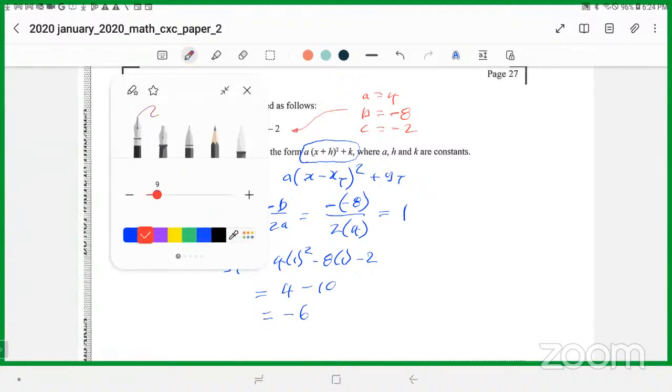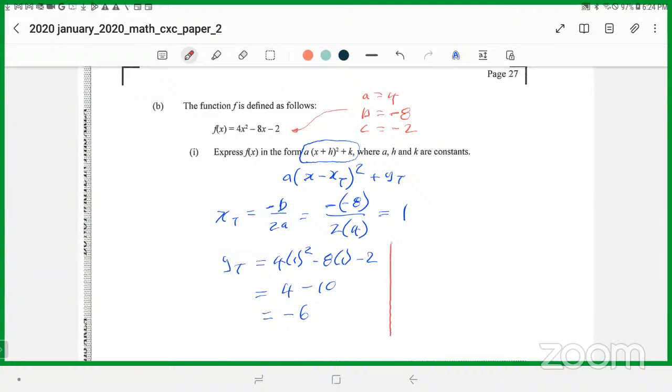The other way to do it is with the formula. Let's do it in red right here. Yt using the formula is 4ac minus b squared divided by 4a. When the xt is a whole number like that, we don't need to use this method. We just substitute that xt value back in the function to get the yt value. But remember, xt, yt are coordinates at the same point.